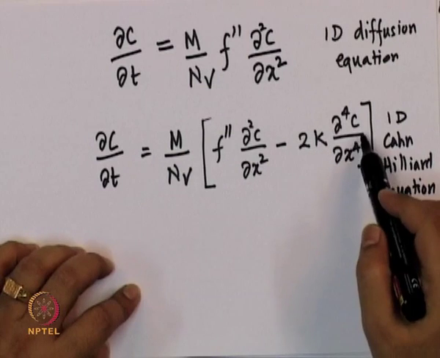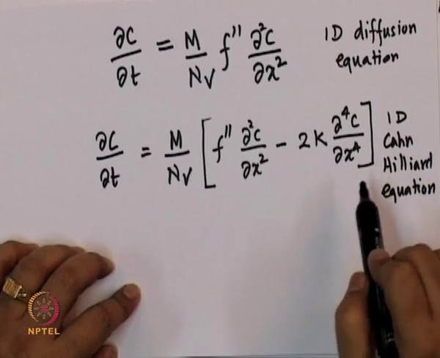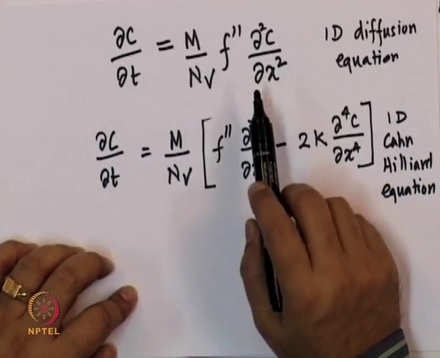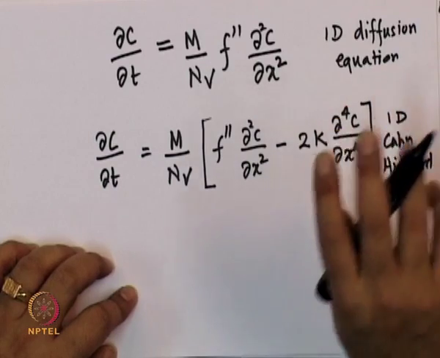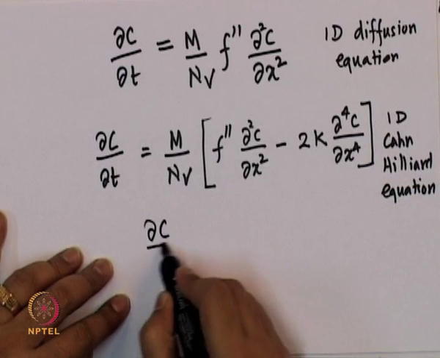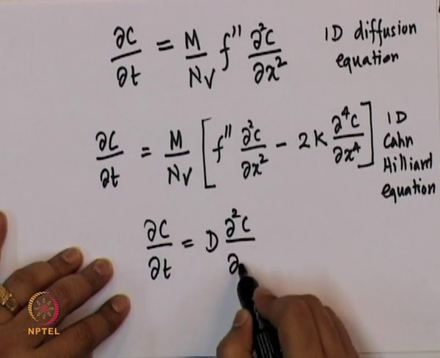This is how this equation is going to solve the problem that we found while using the regular diffusion equation. Remember, we found two things. If you considered the regular diffusion equation, dou C by dou T is D dou squared C by dou x squared.